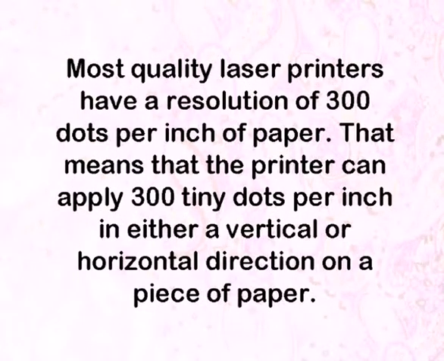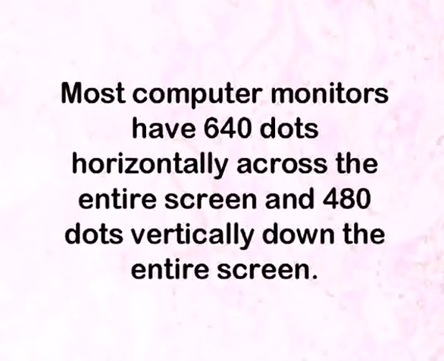Most quality laser printers have a resolution of 300 dots per inch of paper. That means that the printer can apply 300 tiny dots per inch in either a vertical or horizontal direction on a piece of paper.